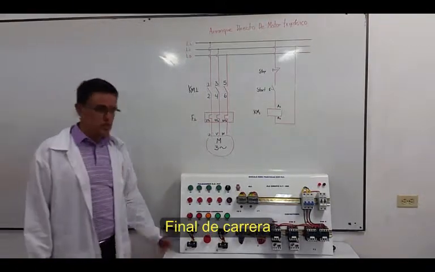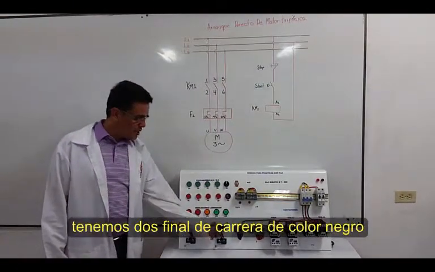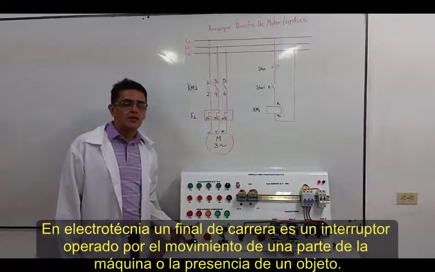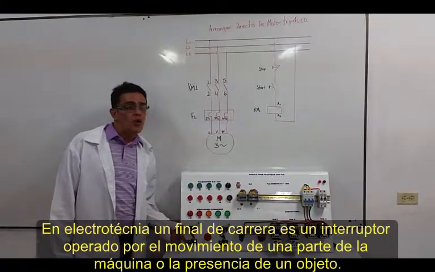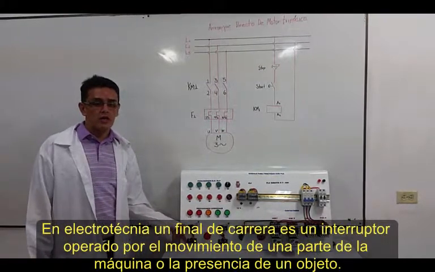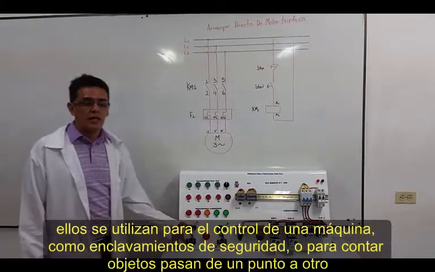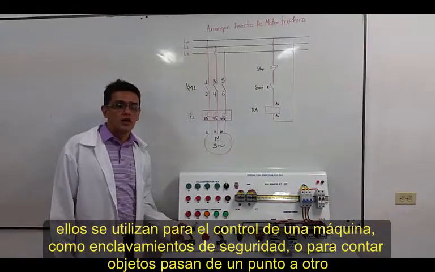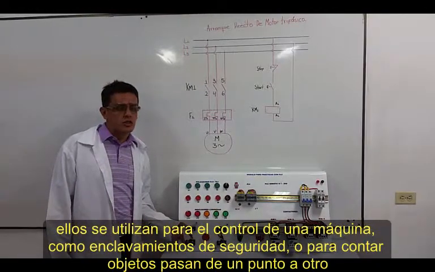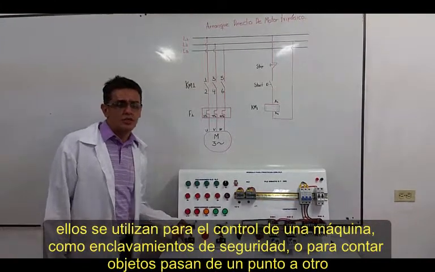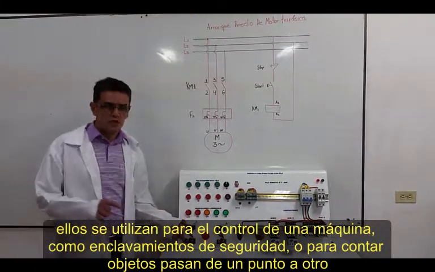The limit switch. We have 2 limit switches, the black ones here. In electrical engineering, a limit switch is a switch operated by the motion of a machine or presence of an object. They are used for the control of a machine, as safety interlocks, or to count objects passing from one point to another.